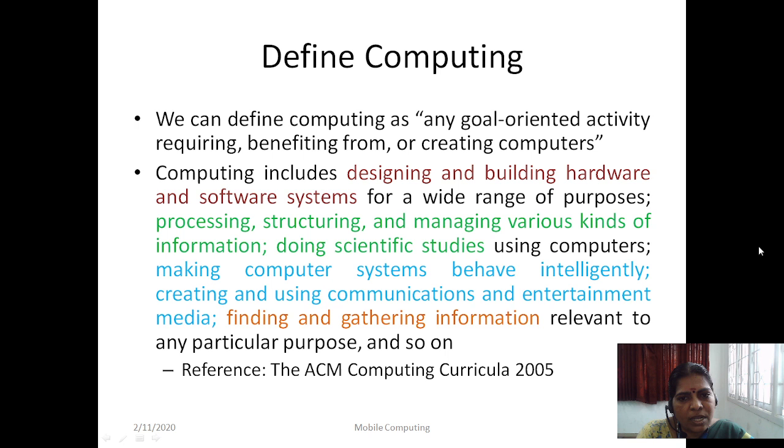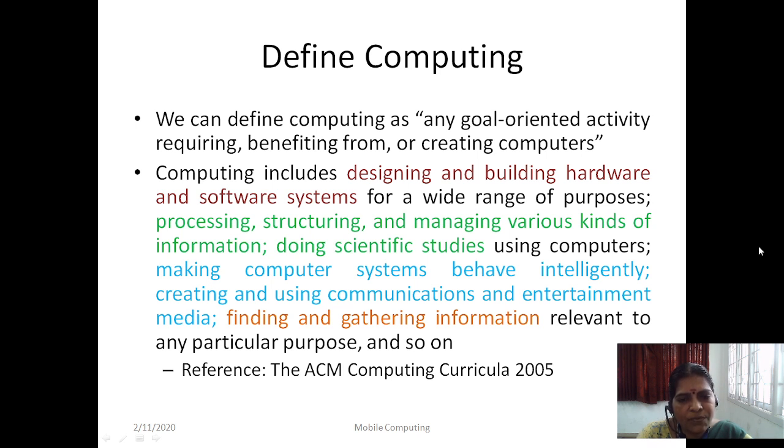That's why computing includes designing and building hardware and software systems for a wide range of purposes, processing, structuring and managing various kinds of information, doing scientific studies using computers, making computer systems behave intelligently, creating and using communications and entertainment media.